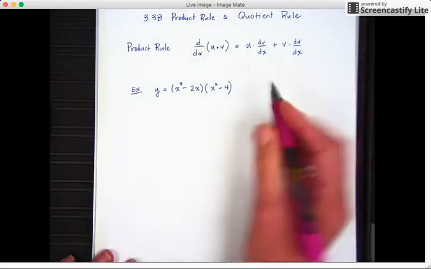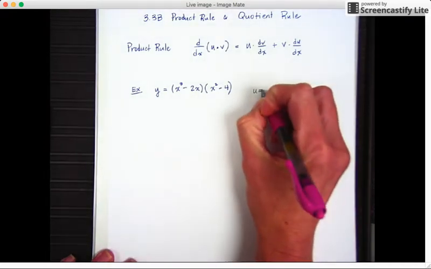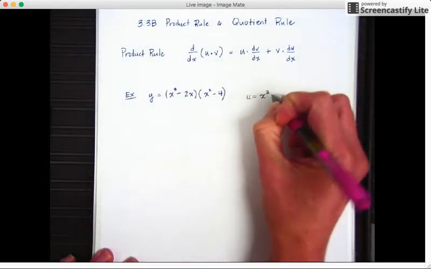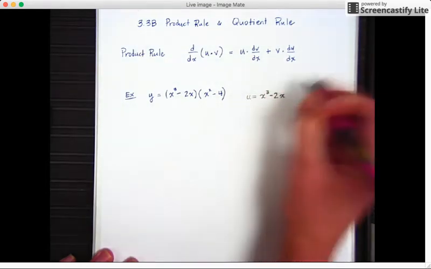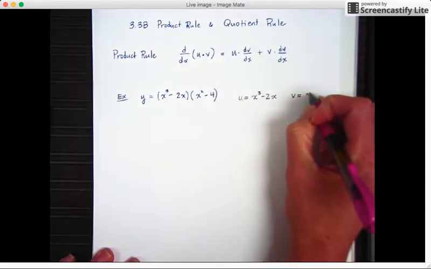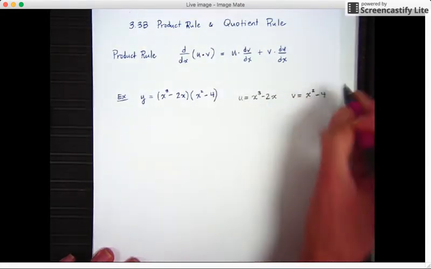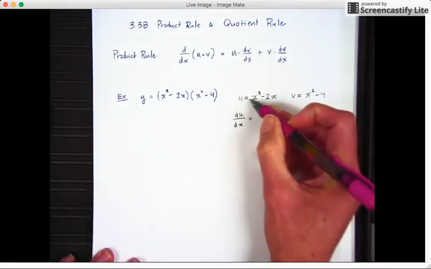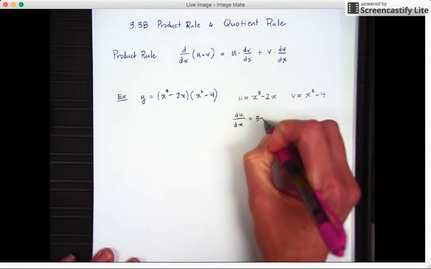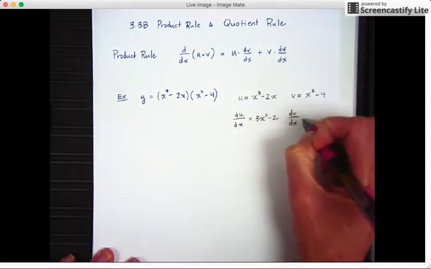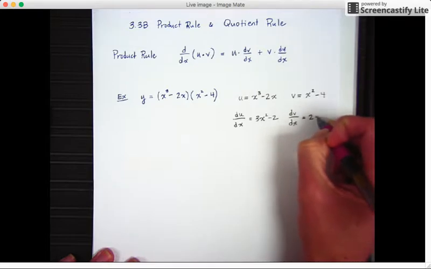And let's say I let u be the x cubed minus 2x, and v is x squared minus 4. So du dx is the derivative of this function here, so 3x squared minus 2. dv dx is 2x.